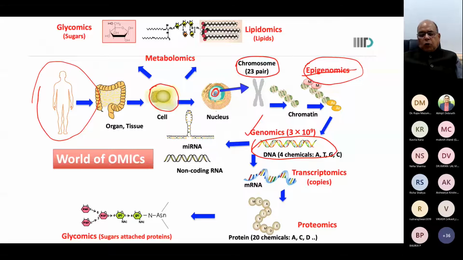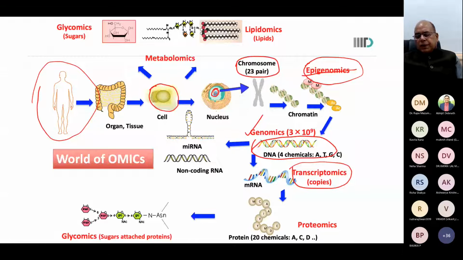Not all parts of the genome are coded in the form of genes. If we study only the genes, or the mRNAs made corresponding to the genes, this is called transcriptomics. Transcriptomics means all mRNA corresponding to all the genes in a cell.